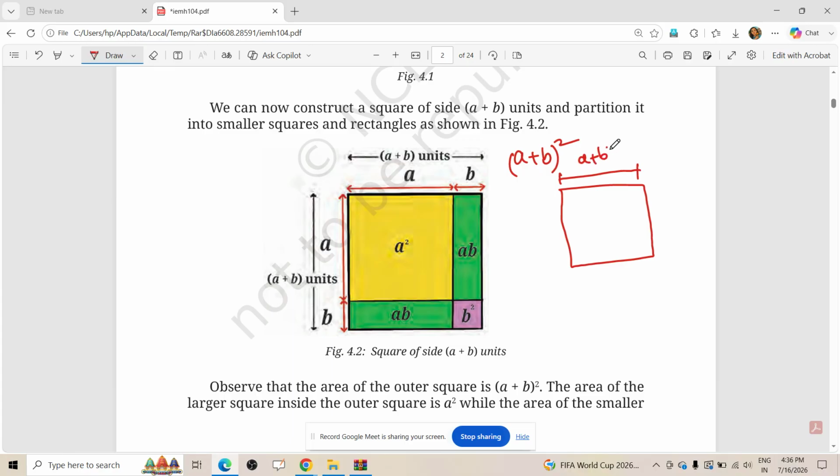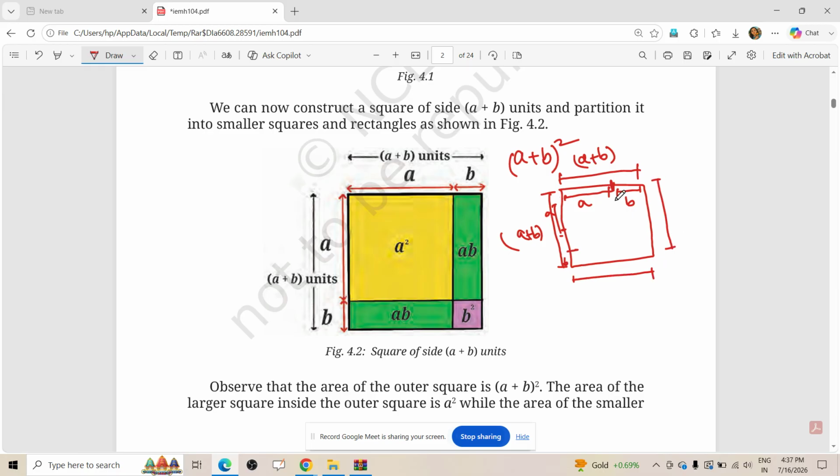Let's say we are breaking it from any point and we call the larger part a units and the smaller part b units. In all the sides it will be the same. It is a plus b unit, the larger part is a unit and the smaller one is b unit, right? Here also same.